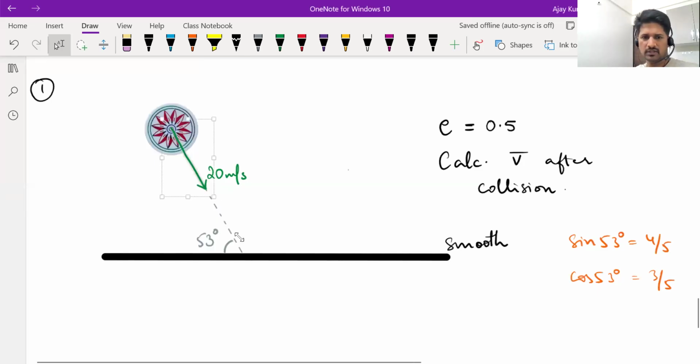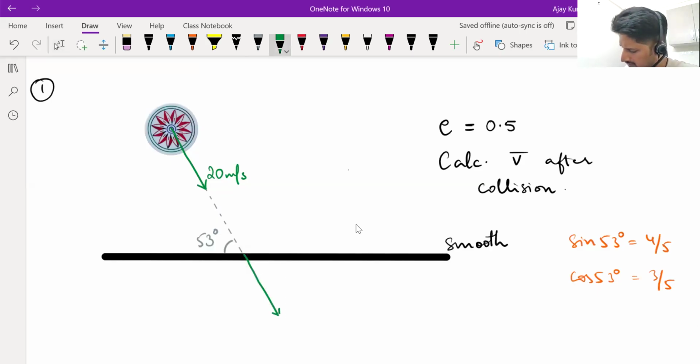Rishi, can you tell how you are trying to solve this? You need to find out the velocity of the striker after collision. So what should be done?